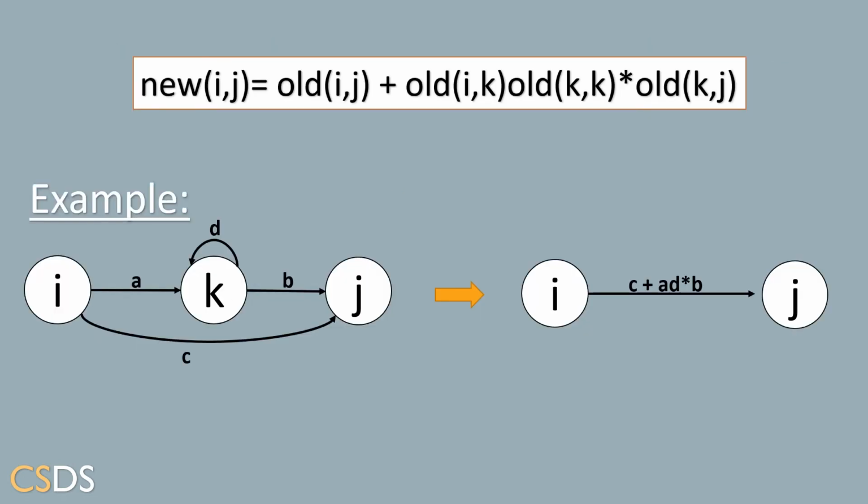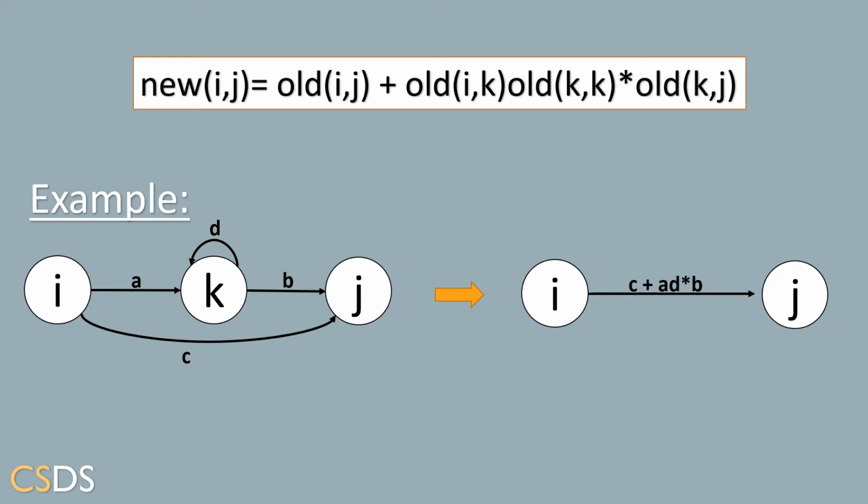So let's see an example of how to use the formula. We have the following automata, and we'd like to eliminate the state k. The transition ij is equal to the old transition from I to j, which we can see is c, or the transition from I to k, which is a, followed by the old transition from k to itself, which is d, so it's going to be d star, followed by the old transition from k to j, which is b.